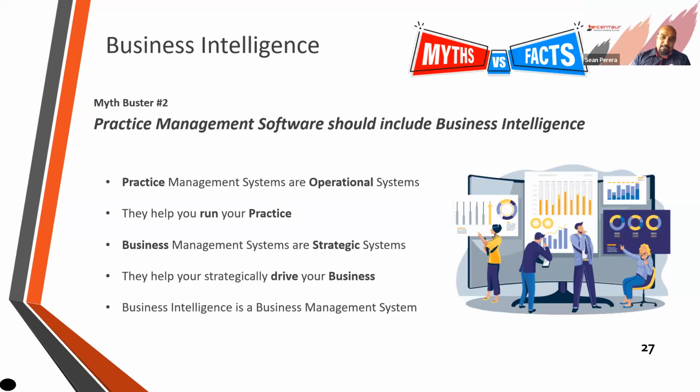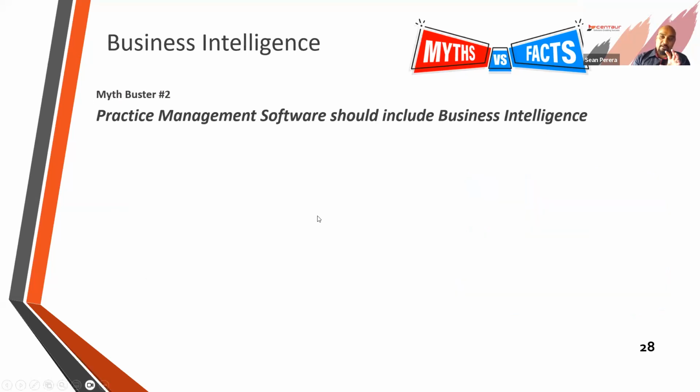So let's talk about that a bit. Practice management systems are operational systems, and they help you run your practice. Business management systems, on the other hand, are strategic systems. They help you strategically drive your business. So business intelligence system is a business management system. Let me show you with an example.